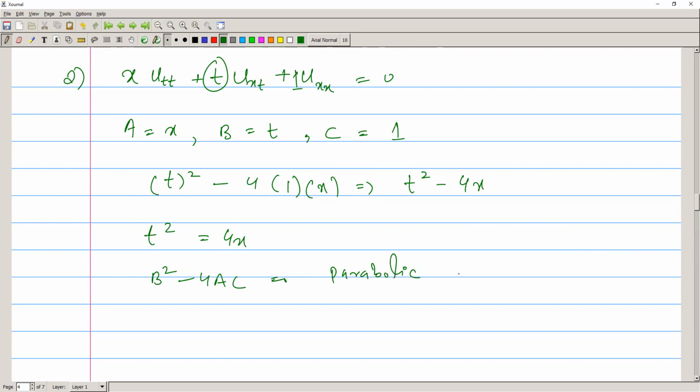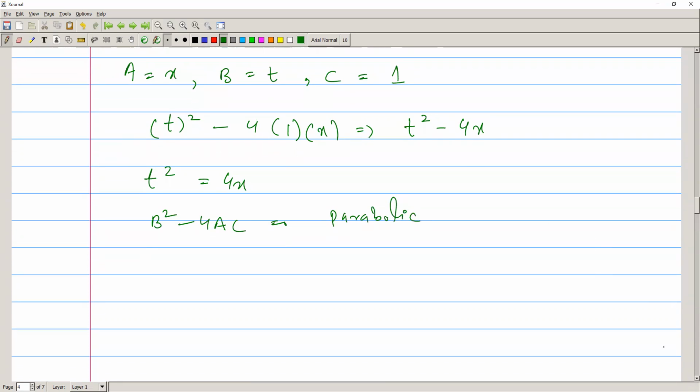So you can see the variable coefficients are basically the determining factor of the respective classes of these differential equations, because we don't know whether these variables have a specific value or not. These are variables, so we just have to find the required conditions. So when t squared is equal to 4x, it will be parabolic because this will be equal to 0.